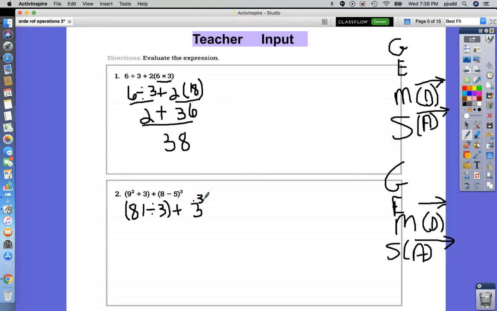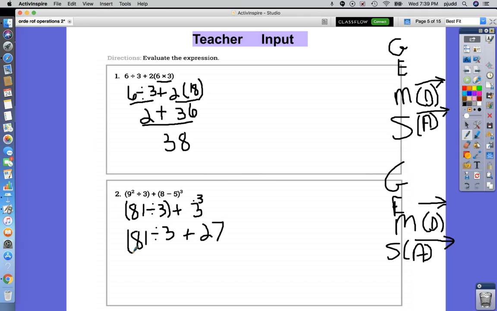So I still need to clear this for exponents before I can go on to division. So I'm going to bring down 81 divided by 3 plus 3 to the third power. 3 times 3 is 9. 9 times 3 is 27.